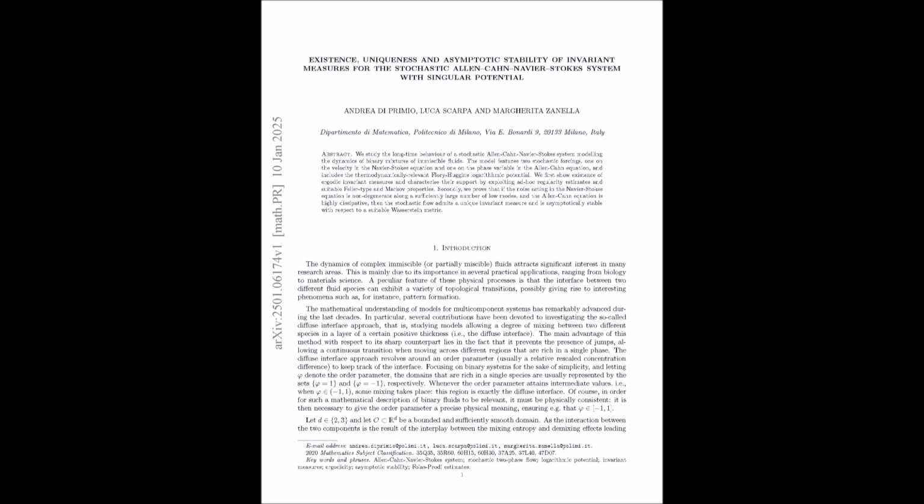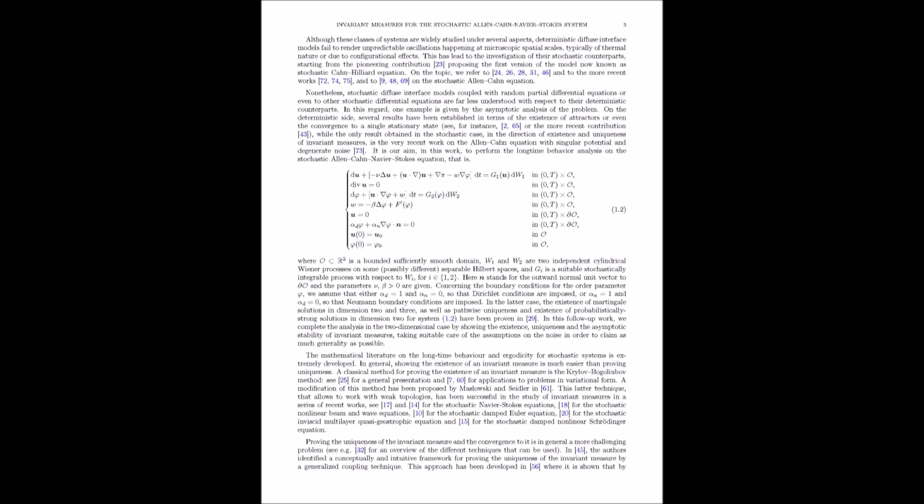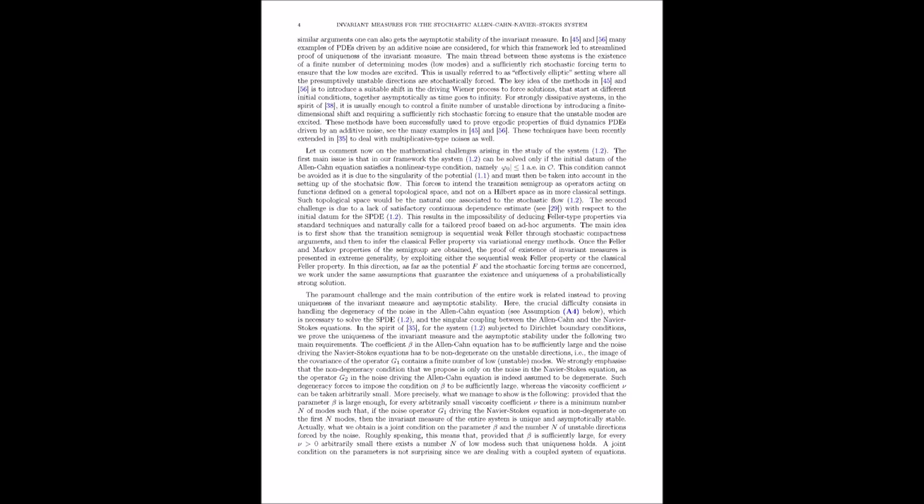So strong solutions are the ones where we have the most certainty. Yes, you could say that. A strong solution to the stochastic Allen-Cahn-Navier-Stokes equation means we have a solution that satisfies all the necessary conditions in a very rigorous path-by-path sense. Path-by-path meaning? It means that for every single possible sequence of those random jiggles, every possible realization of the random noise, the solution exists and behaves as expected.